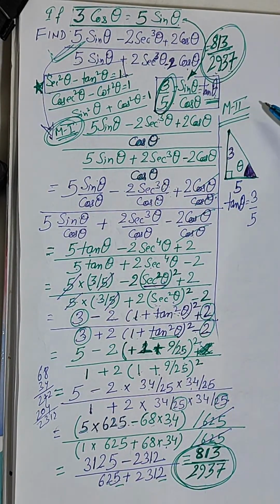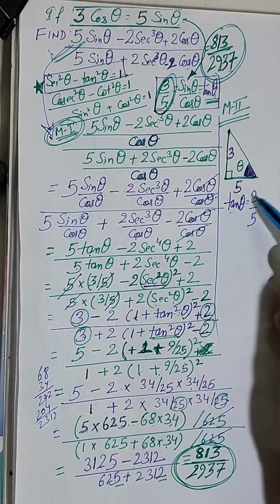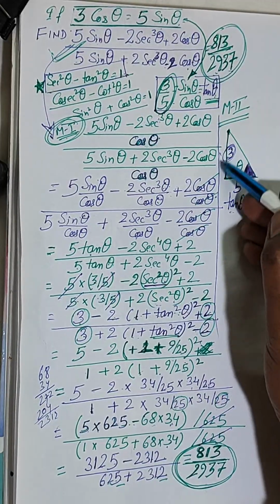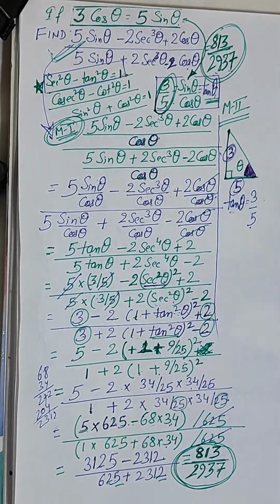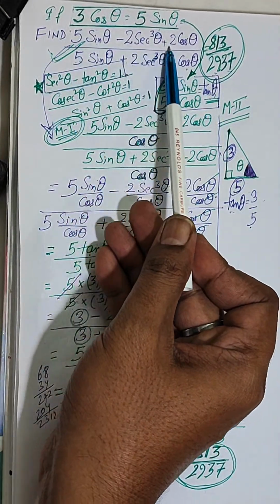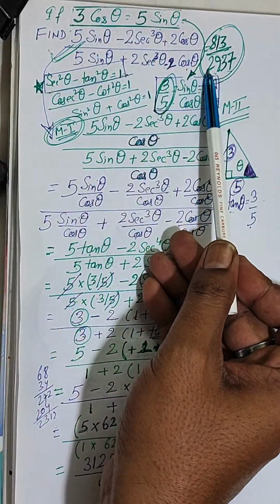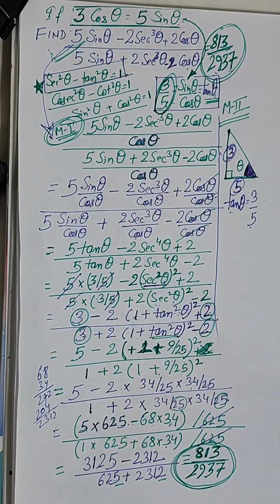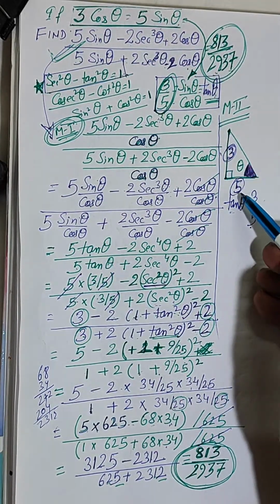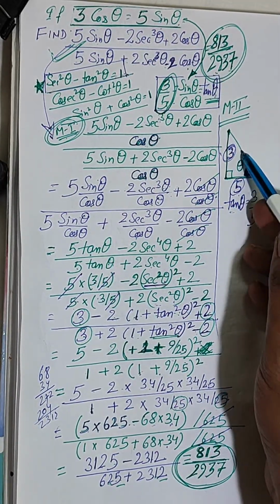So as per method number 2, the length of perpendicular is 3 and the length of base is 5. Now we need to find the value of 5 sine theta minus 2 sec cube theta plus 2 cos theta divided by this one. If you know the value of perpendicular and base, you can easily calculate h.